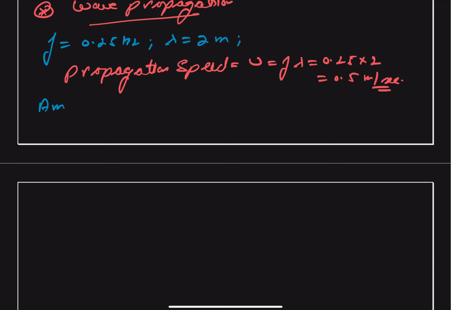Amplitude of P is 2a, whereas amplitude of Q is a.